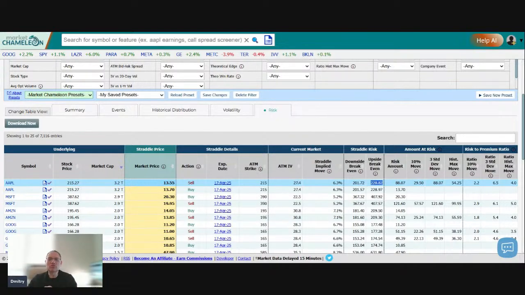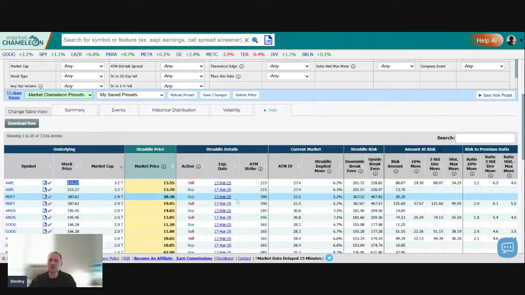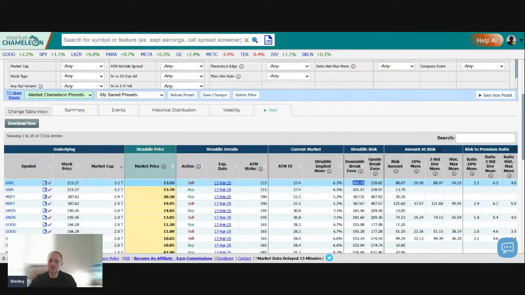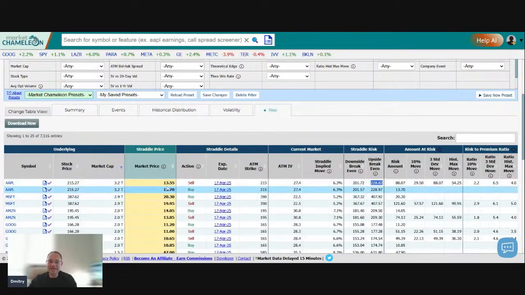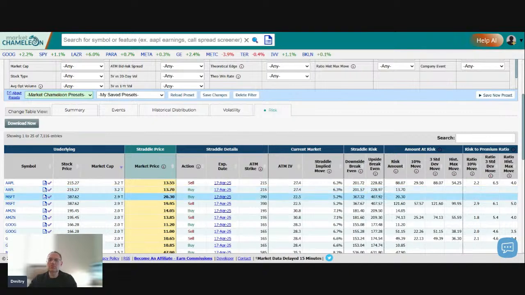Really, you don't want any movement. You want it to go right to 215, right? And both options to expire worthless. But this tells you the range of profitability. So it has to be within there if you're selling it. Right? That's your break even. If you're buying it, at 13.70, well, you want it to go above this or below that.